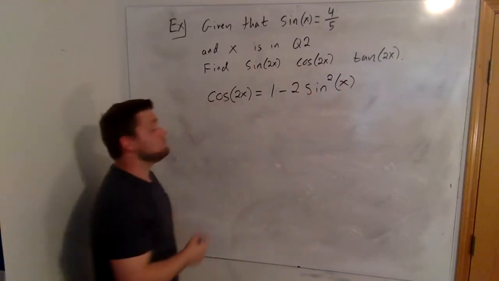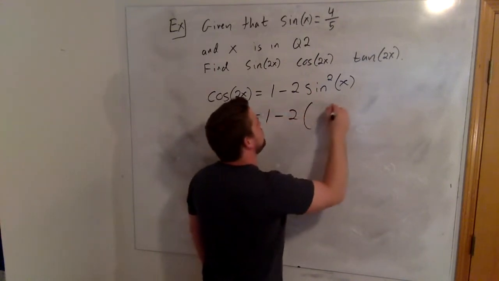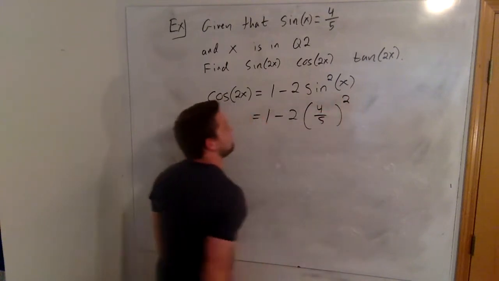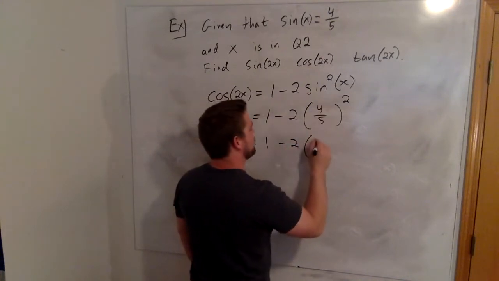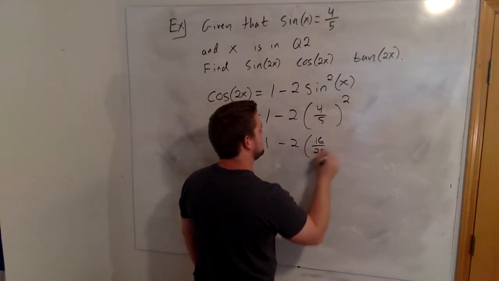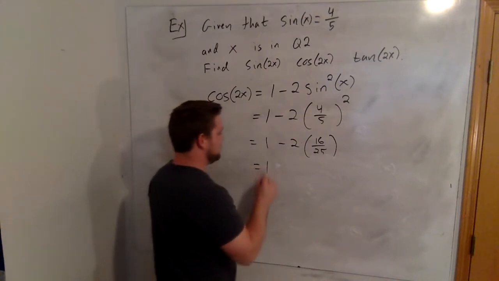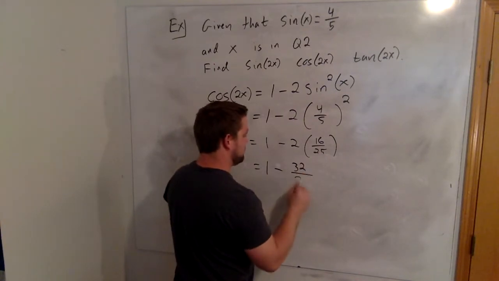Now we can just do a little plugging and chugging. 1 minus 2. Okay, we'll replace sine with 4/5, and we're squaring that. So we have 1 minus 2 times 4/5 squared, which is 16/25. Okay, we'll need to add these fractions. So this will be 1 minus 2 times 16, we're at 32 over 25.